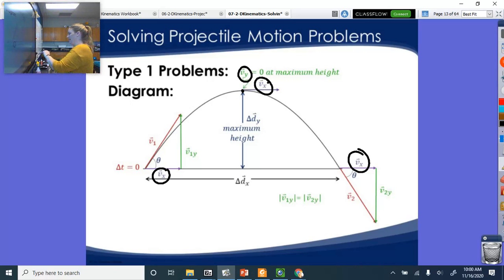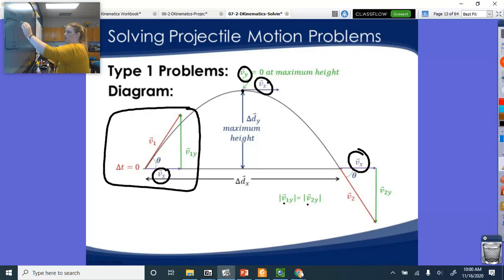And then we have our starting velocity. It's going to be the same as our ending velocity. So we have this whole triangle over here where we know typically what theta is and what our starting velocity is.